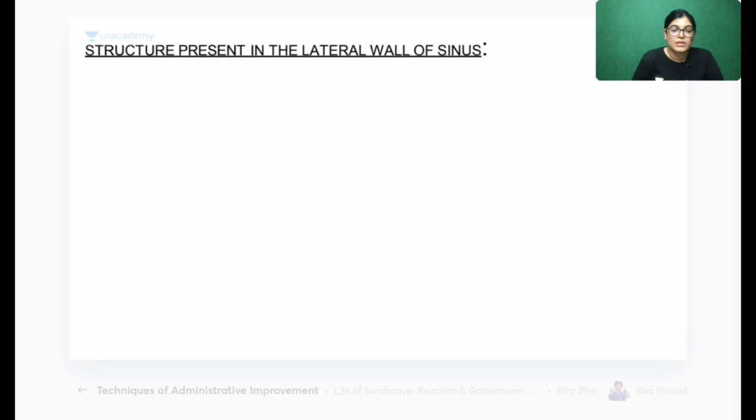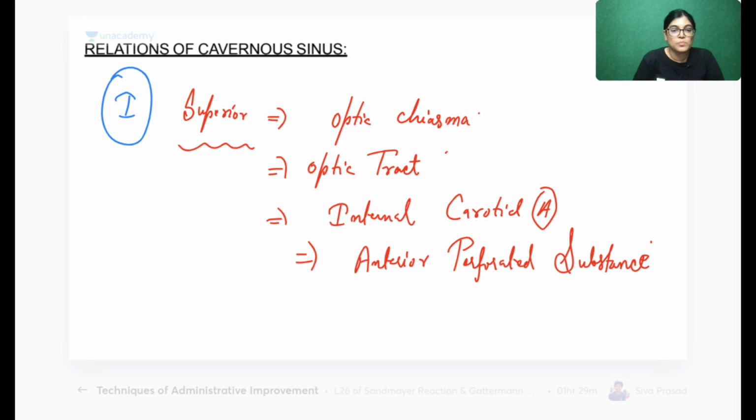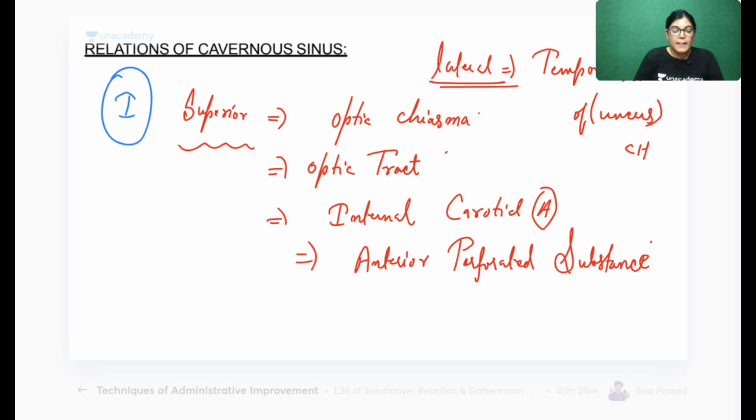Now coming to the lateral relation. We have done with superior, inferior, medial. What remains? Lateral. What is related laterally, my dear aspirants? Temporal lobe, containing the uncus part of the cerebral hemisphere. This is the lateral relation. Now anterior and posterior. What is the anterior extent?